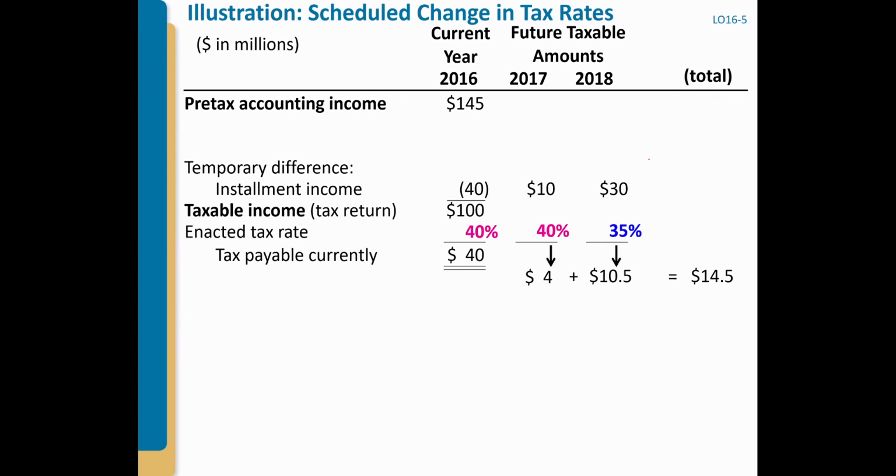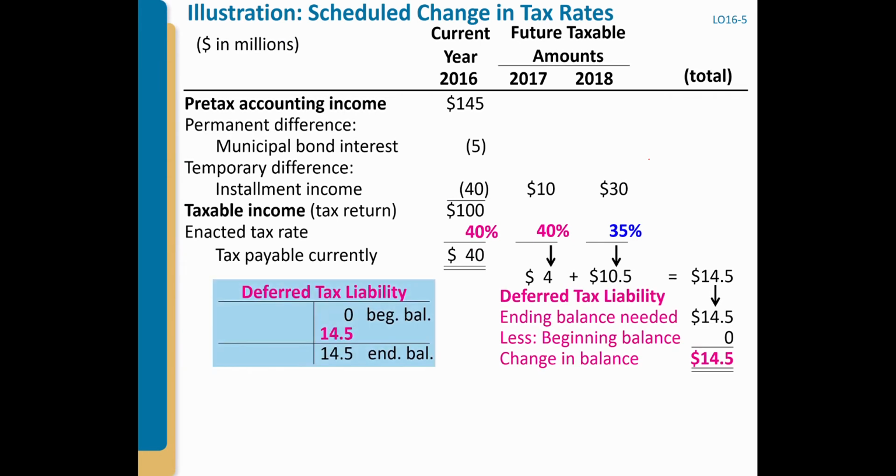This is still the previous example. We had that municipal bond interest, a permanent difference, and then we have this installment income, $40 million. We're still going to calculate the taxable income of 100.